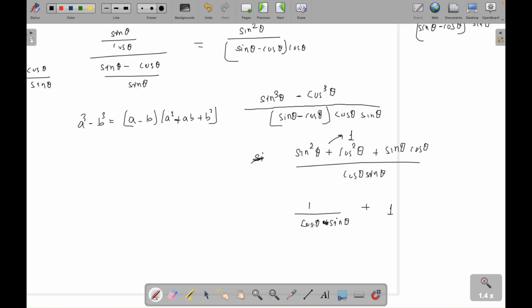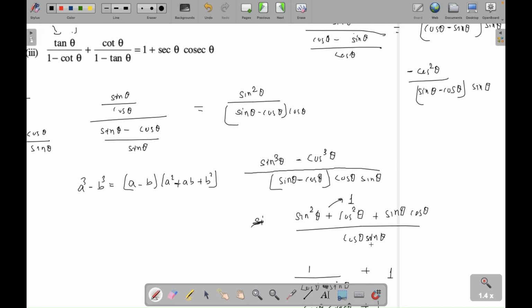So 1 upon cos theta is sec, and 1 upon sine theta is cosec, plus 1, which is what we have on the right hand side.